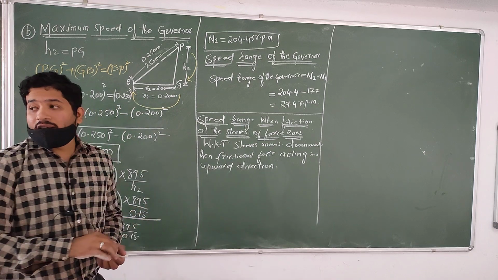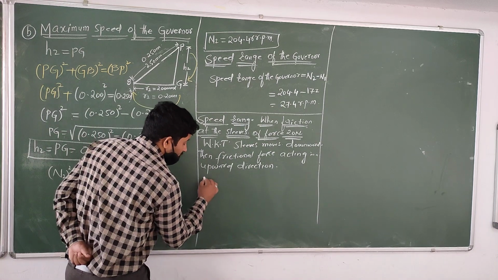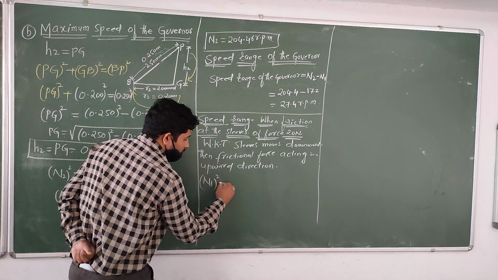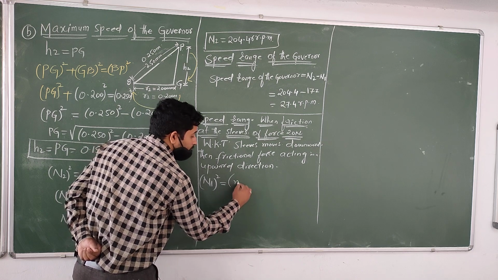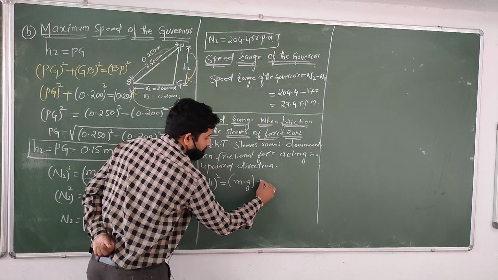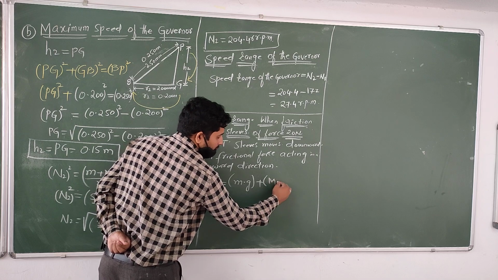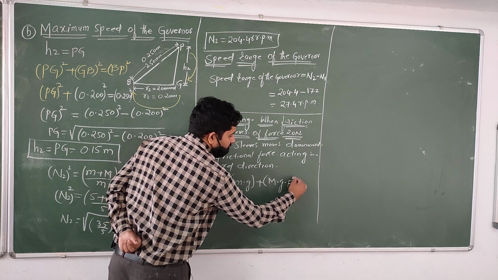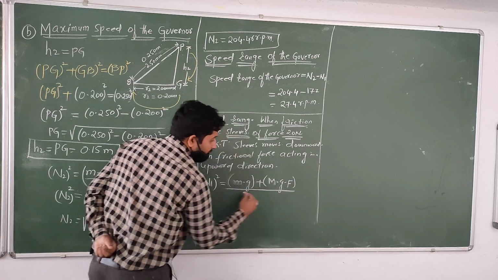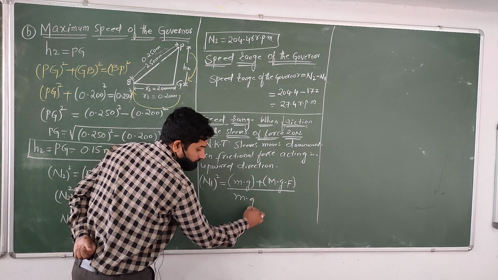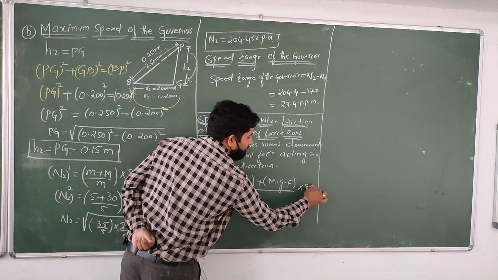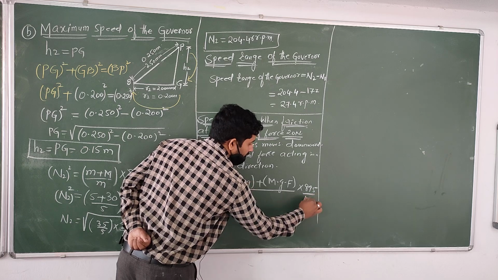So we know the formula N1 square equal to (m into g plus capital M into g minus F) divided by (m into g into 895 by h1).